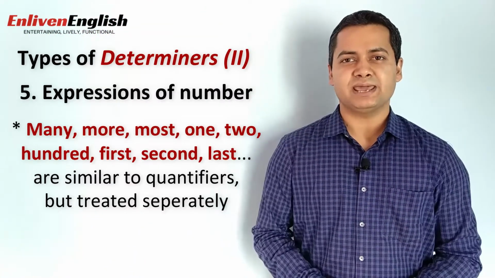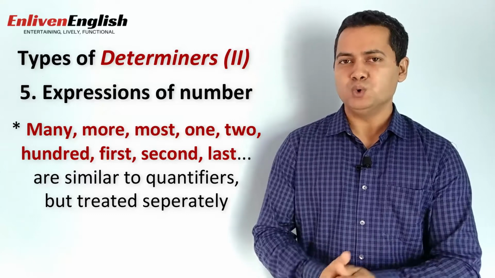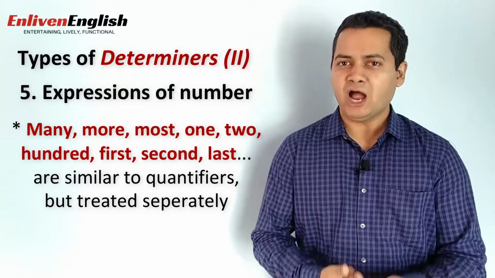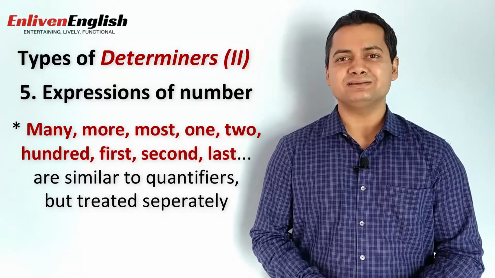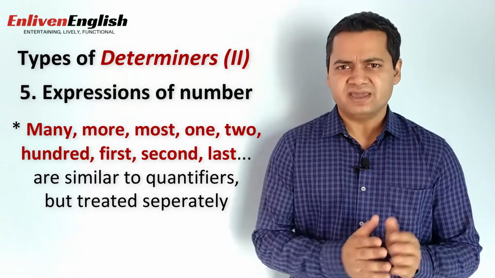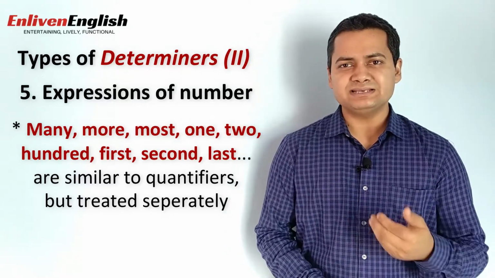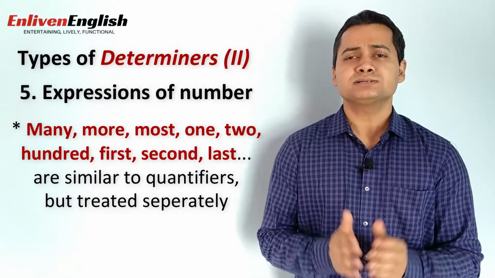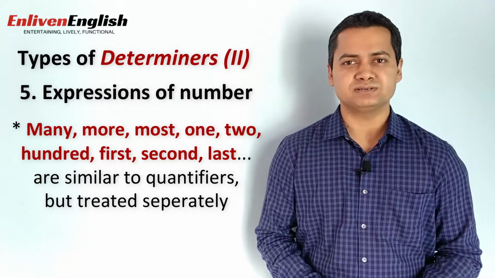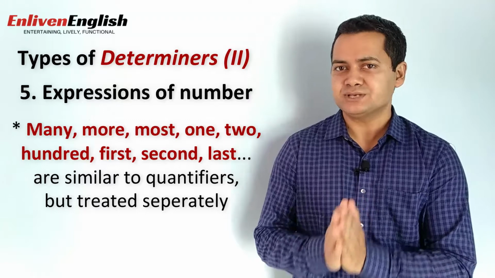Some determiners like many, more, most, one, two, 100, first, second, last, and many more give an impression of numbers. These come before nouns and are similar to quantifier determiners, but many grammarians treat them separately.